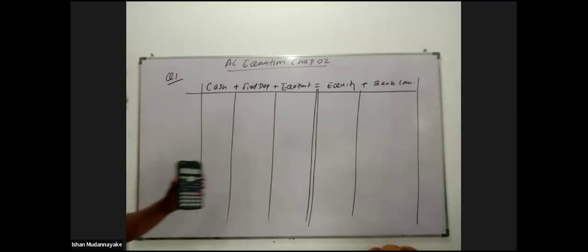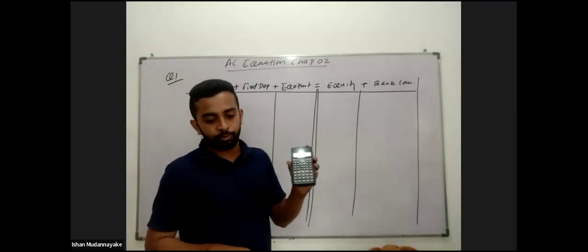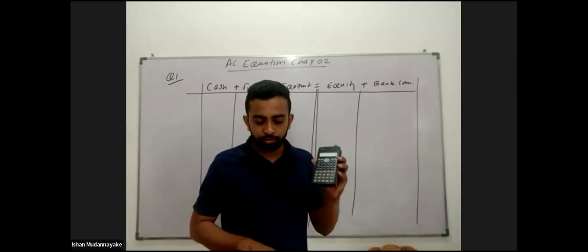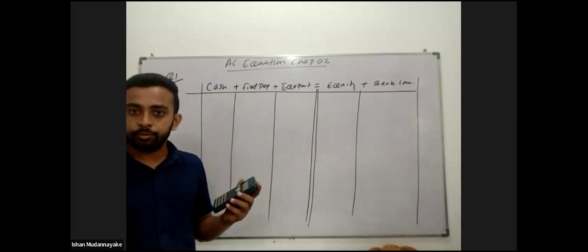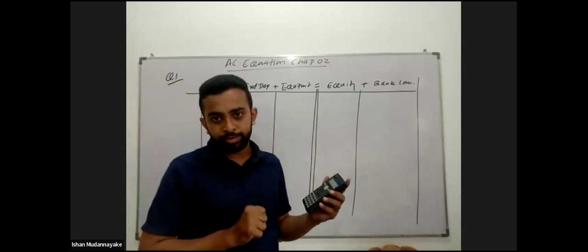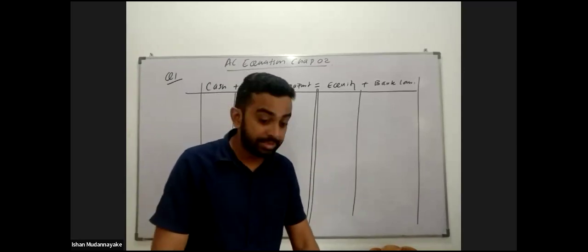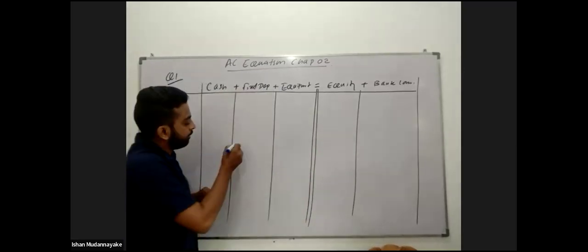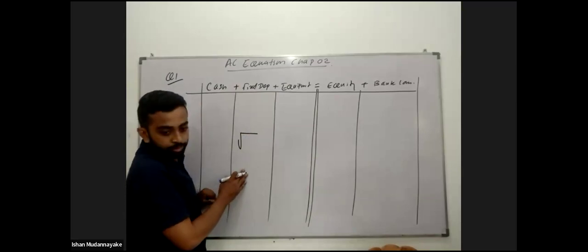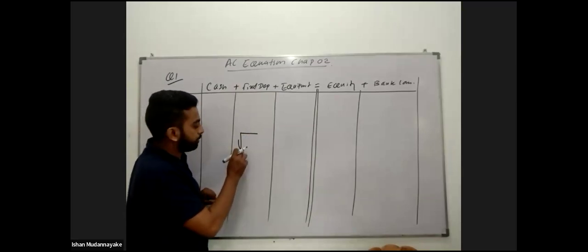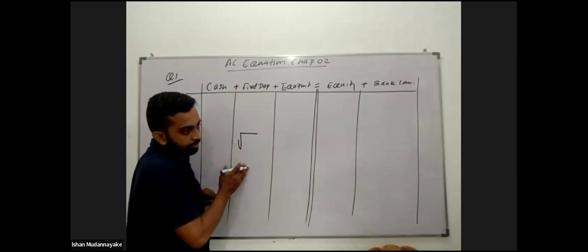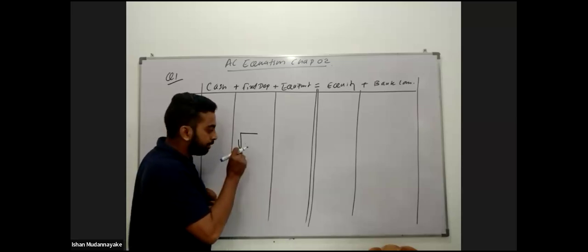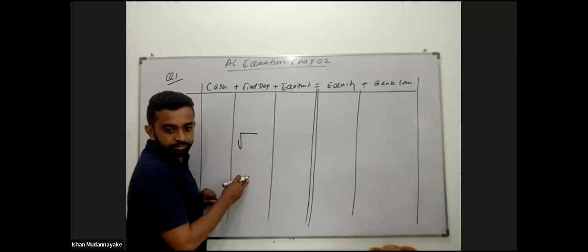Students, don't buy this type of scientific calculators. I will give you some photos of calculators. When you purchase a calculator, there should be the square root function. And in some calculators, there's a function to delete numbers.